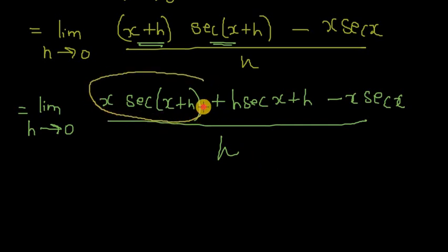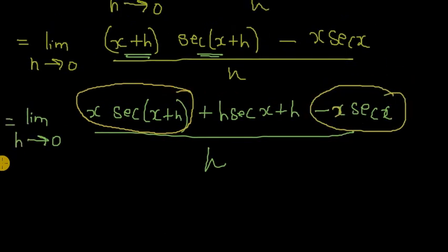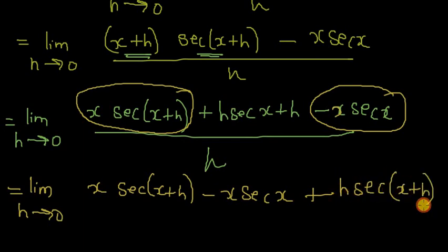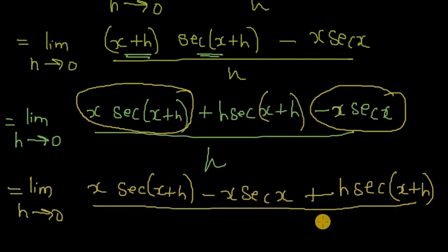Bring x sec of x plus h and minus x sec x together. Limit h tending to 0 of x into sec of x plus h minus x into sec x, plus h into sec of x plus h. Let us put a bracket over here, whole thing divided by h.